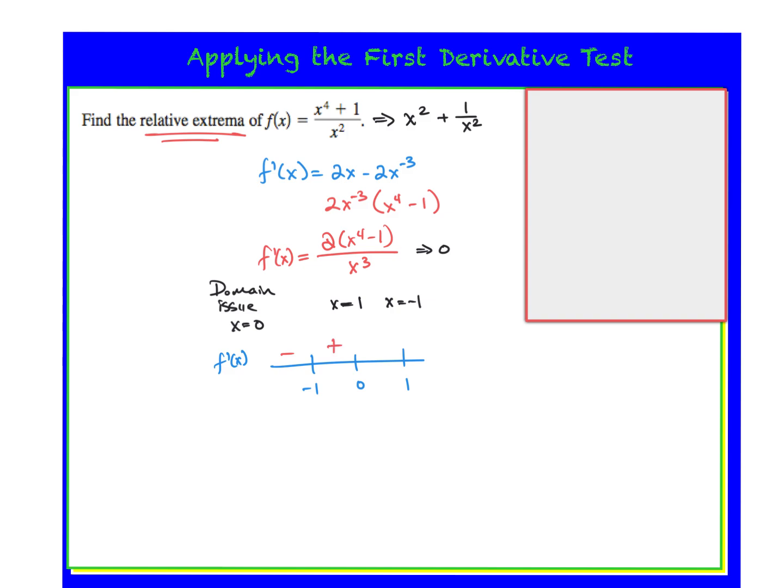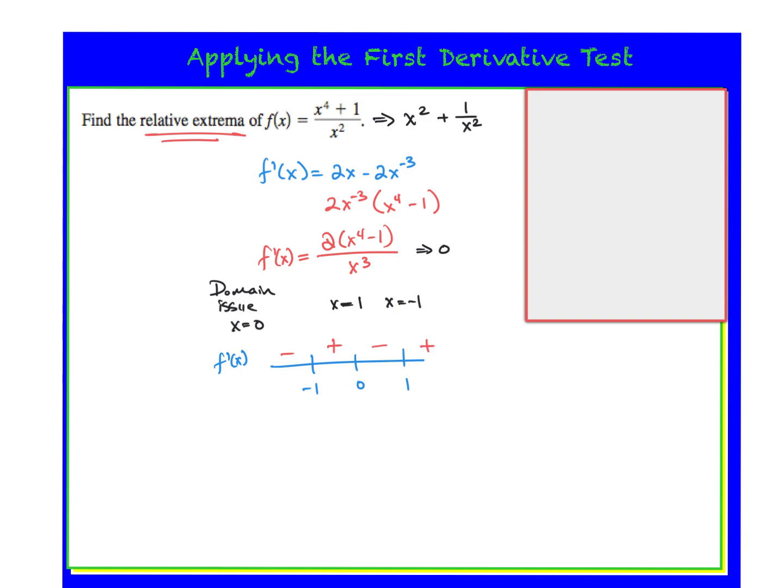Then I substitute in something between 0 and 1, like 0.5. Up top it's a negative over a positive, which makes a negative. And then something more than 1, like 2, becomes a positive over a positive, which is a positive.